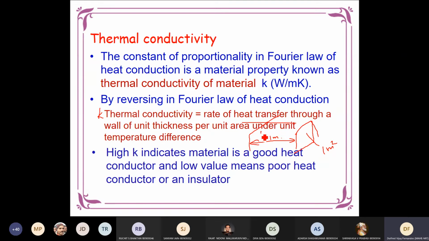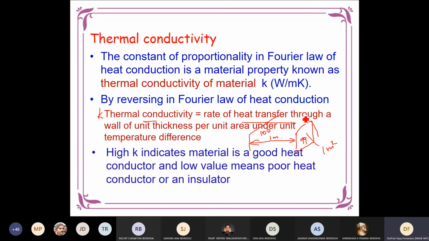That means if this side is 100, then the other side should be 99. So 1 degree temperature difference should be maintained, and the heat transfer through that is exactly equal to the thermal conductivity of the material.